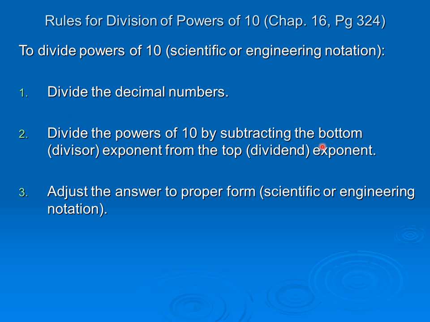In case of division, you still do the same thing. You divide the first decimal by the second one. But in case of power, since you are dividing the exponents, you subtract the powers instead of adding. You subtract the later one from the first one.